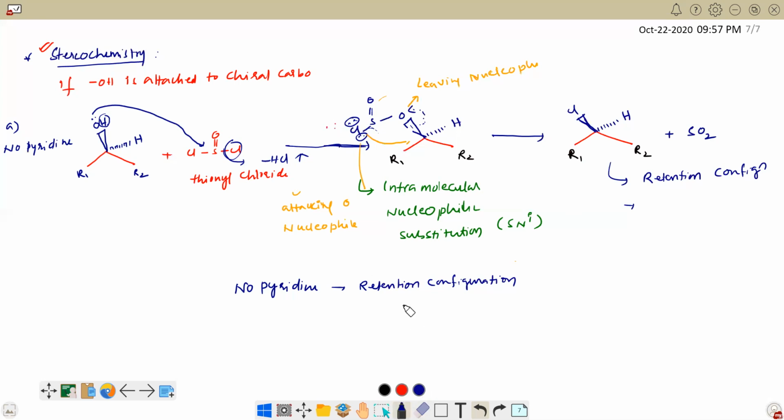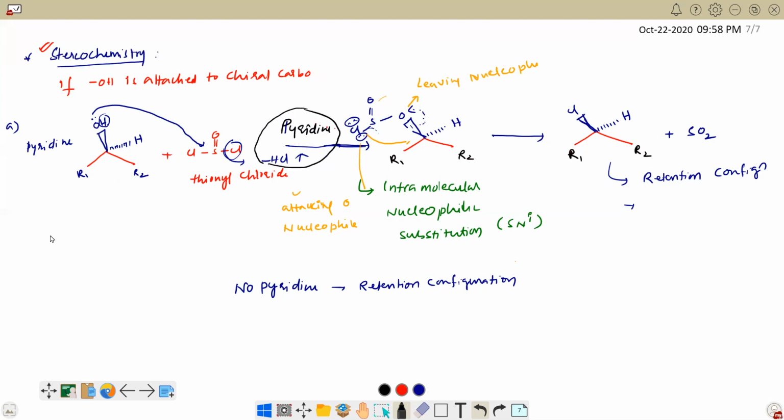Manmeet. Hello? Yes, sir. Just put presence of pyridine. If I use pyridine here, in this step, that means pyridine is there in the container, right? Yes, sir. The pyridine will not let HCl go away. Understood?